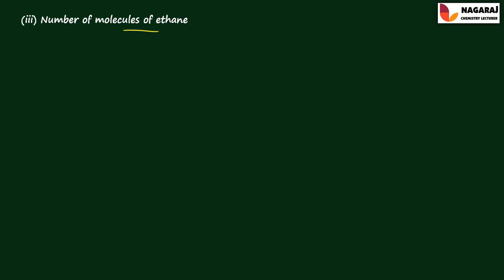We have to calculate how many molecules of ethane are present in 3 moles of ethane. First, write the standard statement: 1 mole of any compound, that is 1 mole of C2H6, contains Avogadro number of molecules.